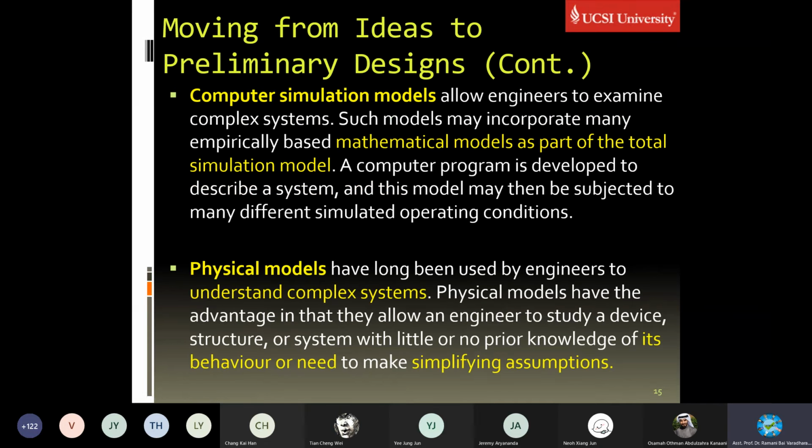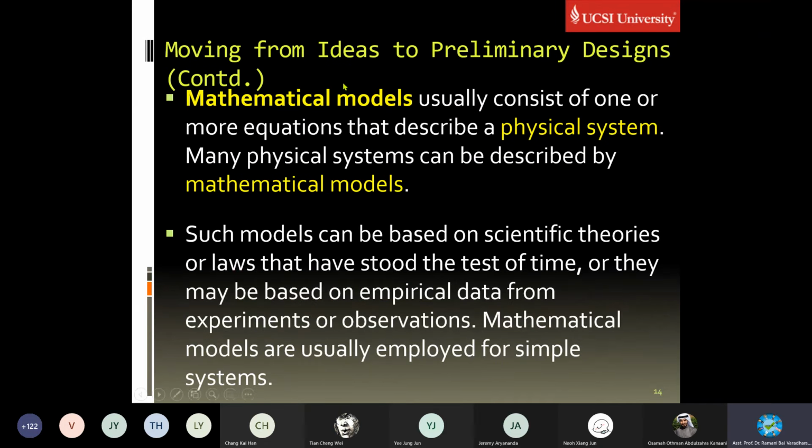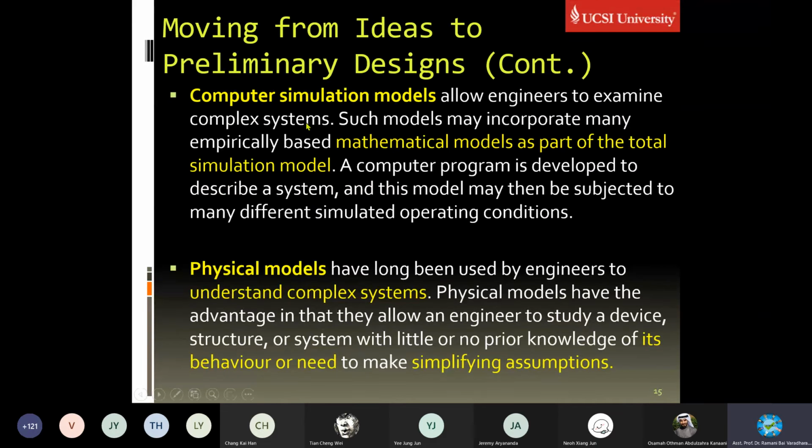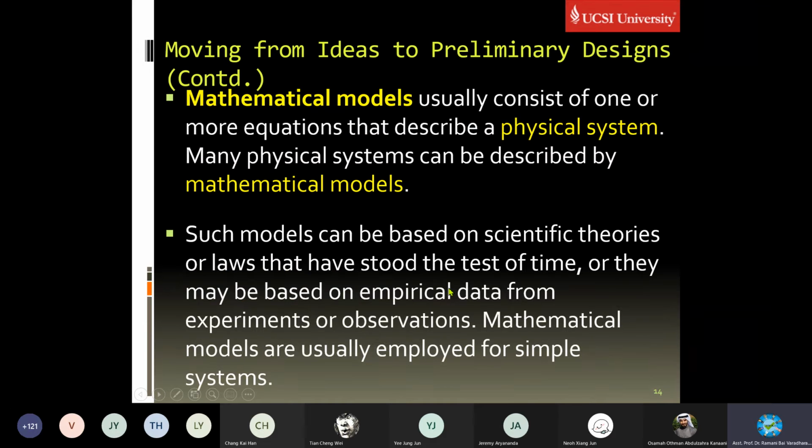He can have a computer simulation model or a physical model. He can choose a mathematical model to develop the equation and come out with the relationship by testing and experimentation in the lab, maybe in the real model or in a computer model. The physical model can be for evaluation or testing, and vice versa.